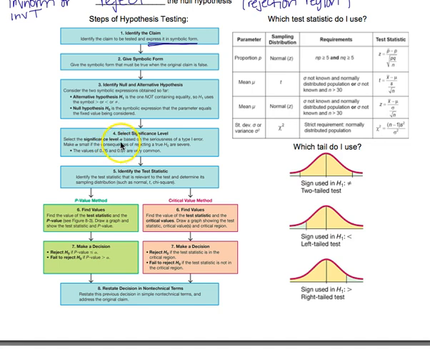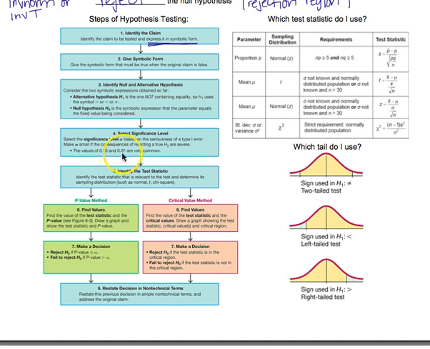Then we select our significance level alpha based on, it says, the seriousness of a type 1 error. What that basically means is how sure do we want to be? The smaller we make our alpha, the more sure we are of the result. So when they do studies for medications and things, usually they're going to be more stringent.